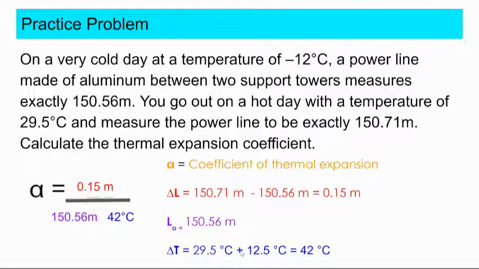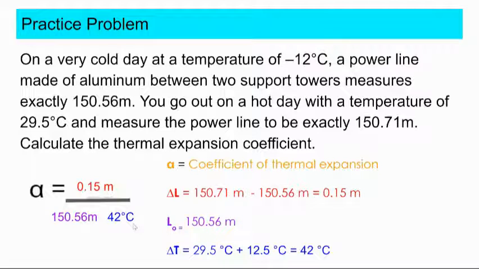So now that we have our three givens, we can simply substitute into the equation to solve. Delta L would be 0.15 meters. Our original length is 150.56 meters, and delta T is 42 degrees Celsius. On your calculator, solve 0.15 meters divided by parentheses 150.56 times 42, close the parentheses.